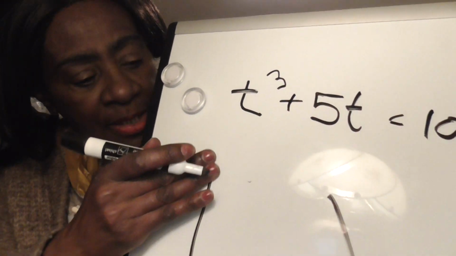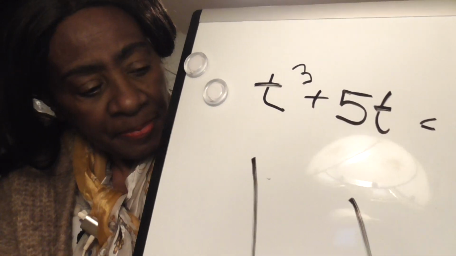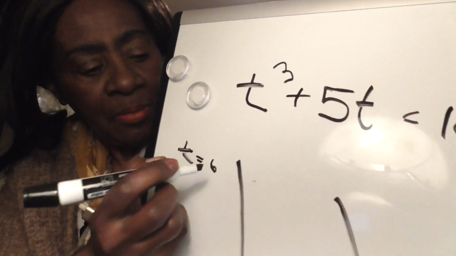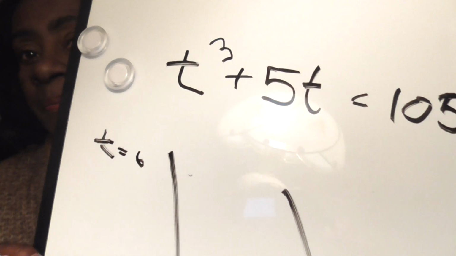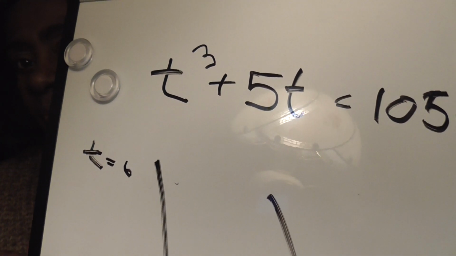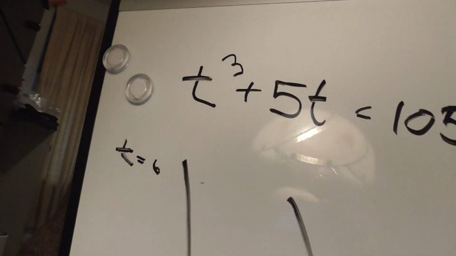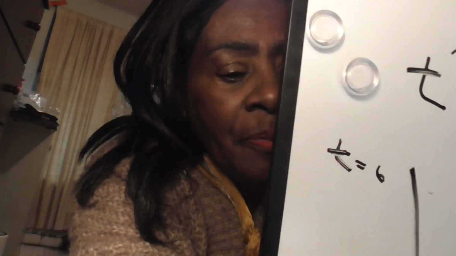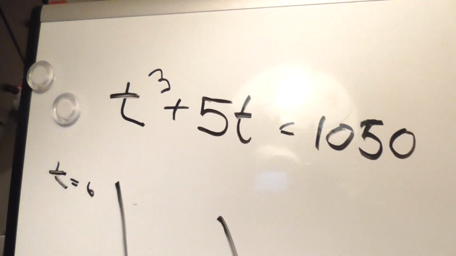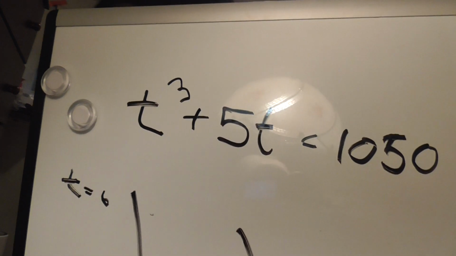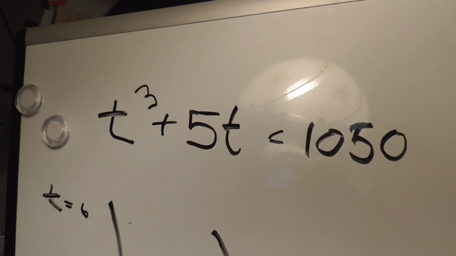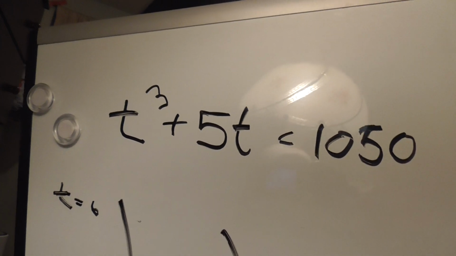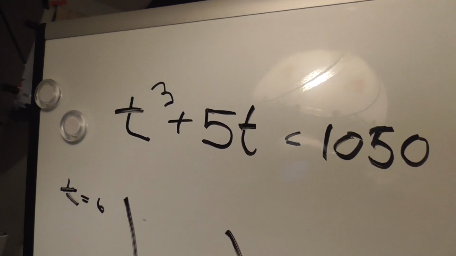And we'll say if t was equal to 6, we would have 6 to the third power plus 5 times 6, because we're giving 6 the value that belongs to t.